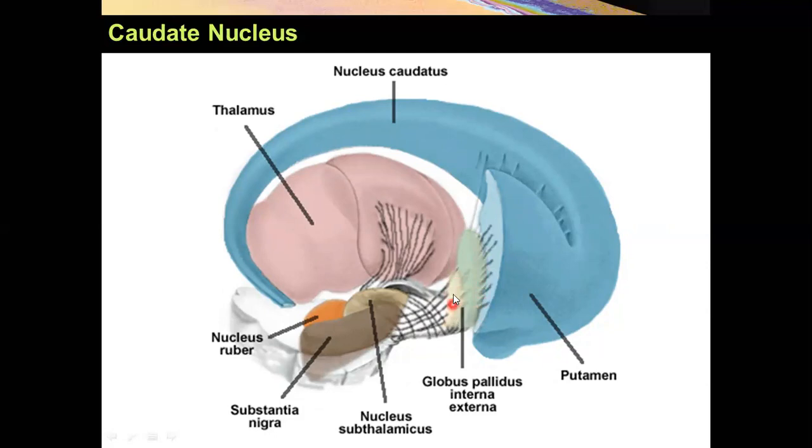Here is the internal or medial globus pallidus, substantia nigra, nucleus ruber or the red nucleus, and the nucleus subthalamicus or the subthalamic nucleus. Here is the thalamus. And you see the associations between this gray matter areas or the nuclei.